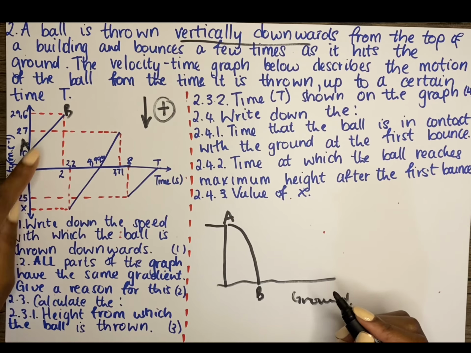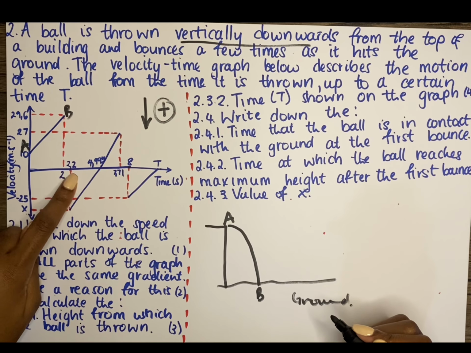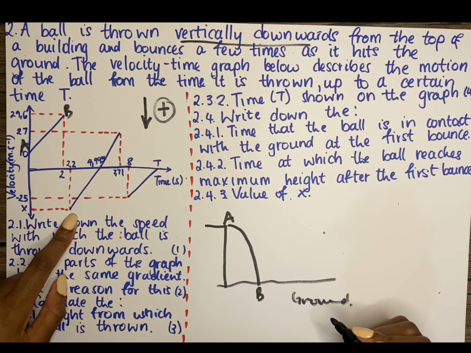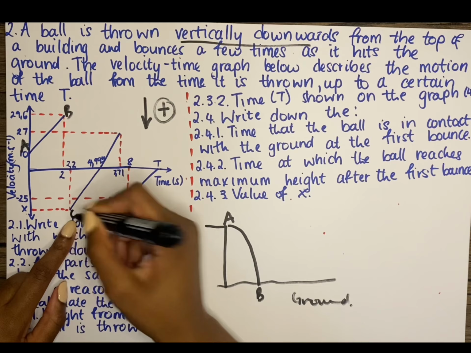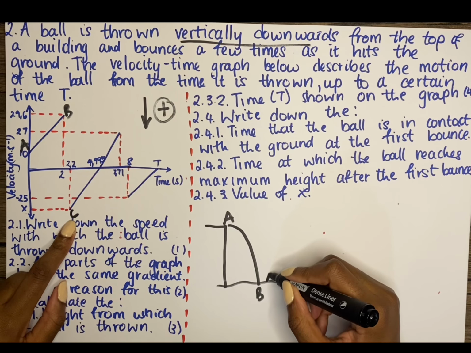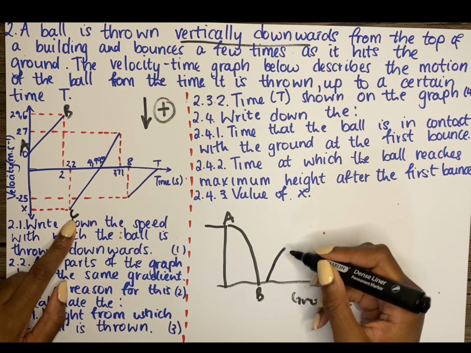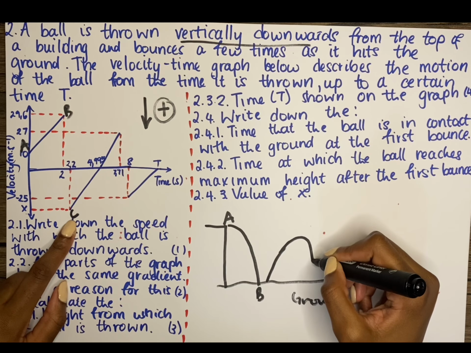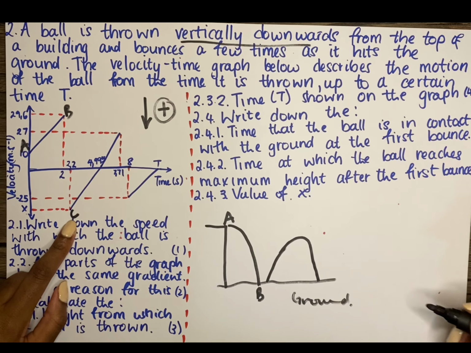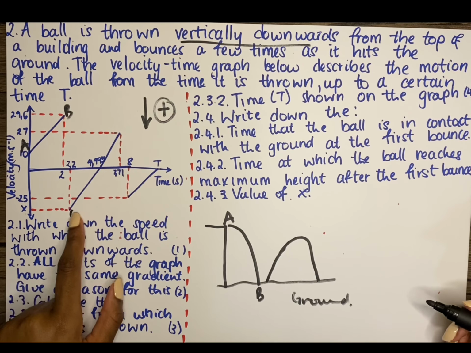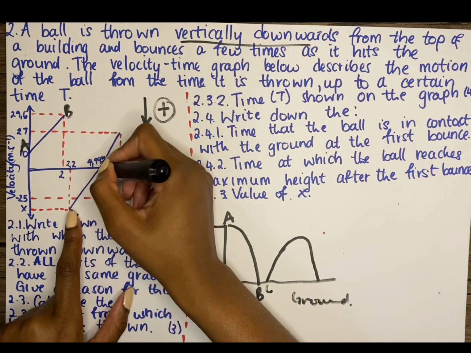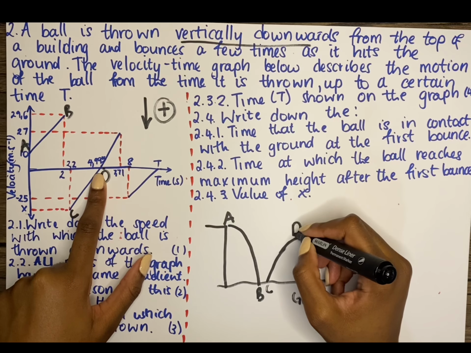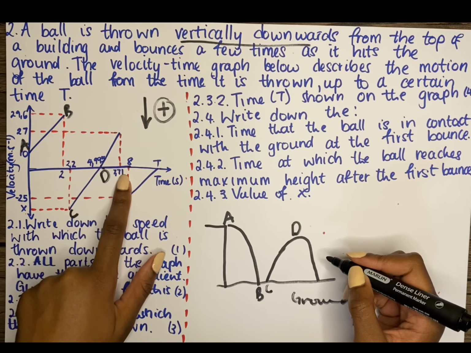So that's point B, and then the ball is in contact with the ground for some time and then leaves the ground with a certain velocity x. So this is C, it's leaving the ground, reaches a certain maximum height and returns to the ground, right? So if you look here, this is C, and then it reaches a certain maximum height where the velocity is 0, and then it returns to the ground.